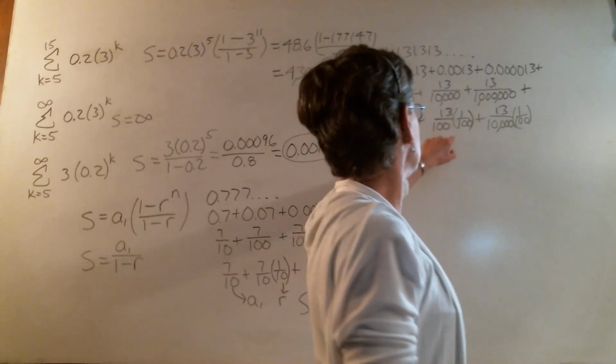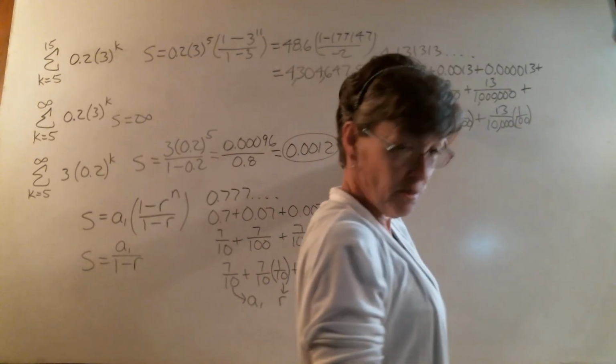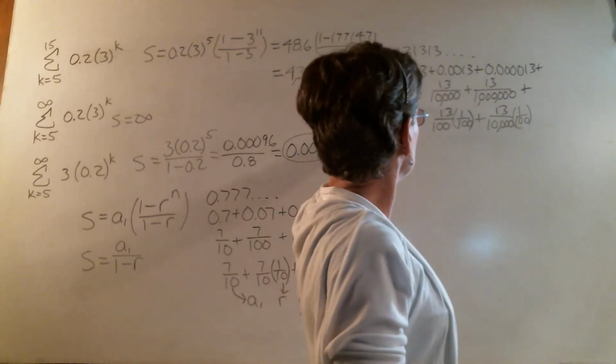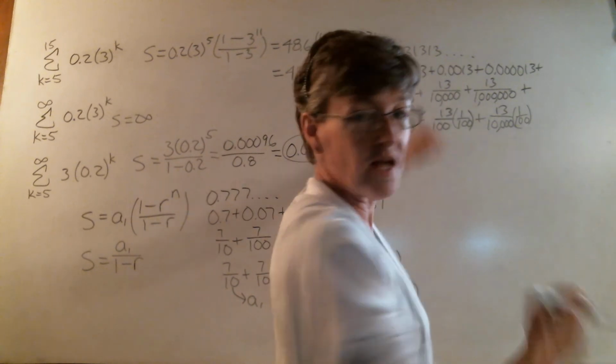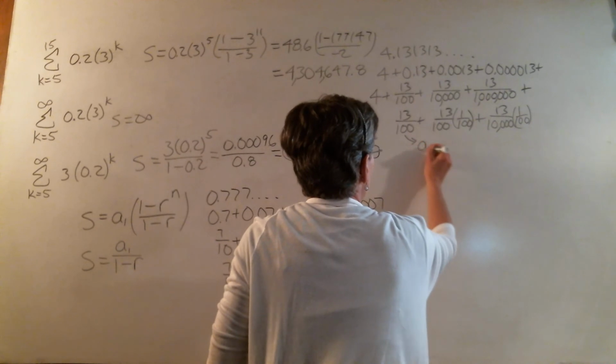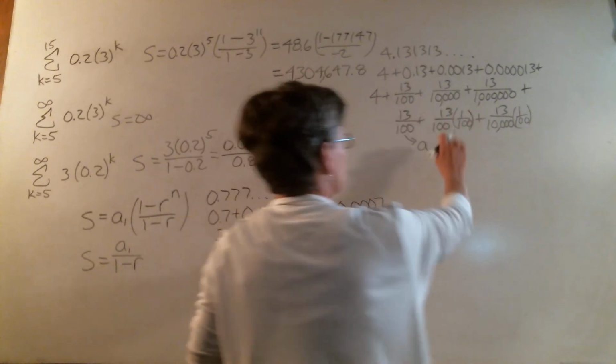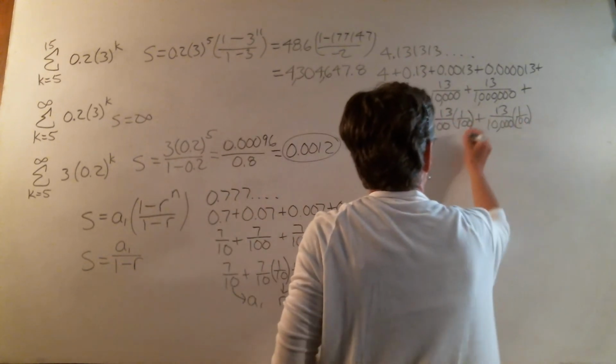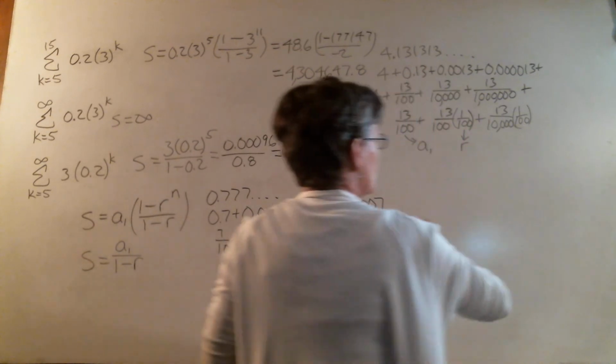I can write this number by using the number in front of it and multiplying by the same number every time. So here's my A1, my first term in that sequence, and then I'm multiplying by 1 over 100 each time.